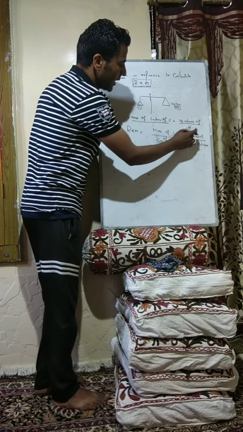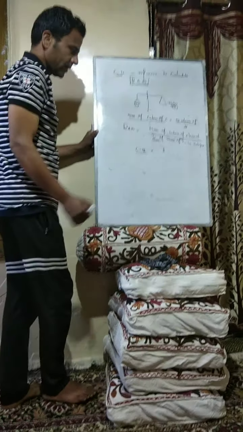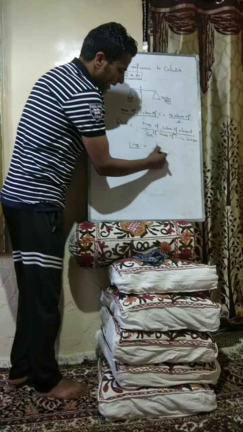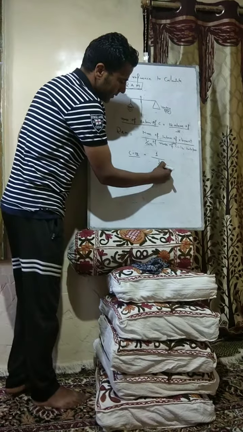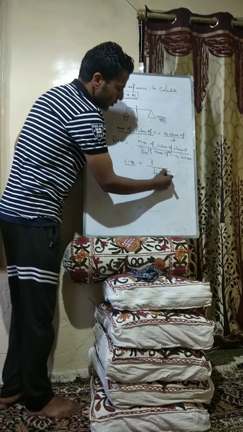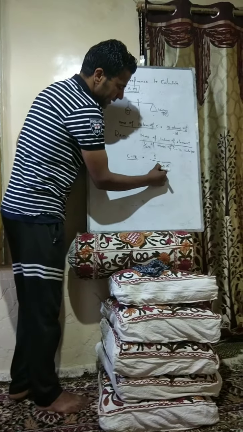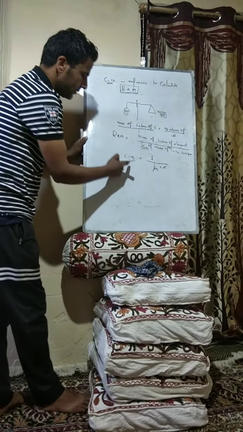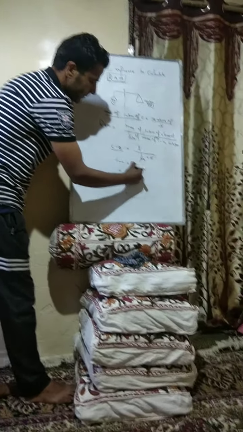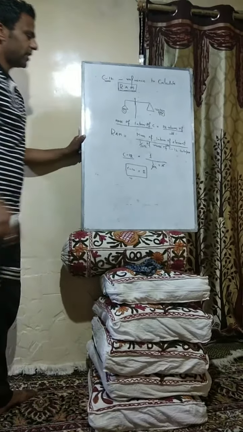Mass of one atom of carbon, that is 12, divided by 1/12th of the mass of one carbon 12, that is 12. 12 into 1/12 gets cancelled. So the relative atomic mass of carbon 12 isotope is equal to 1. So this we use as a reference.